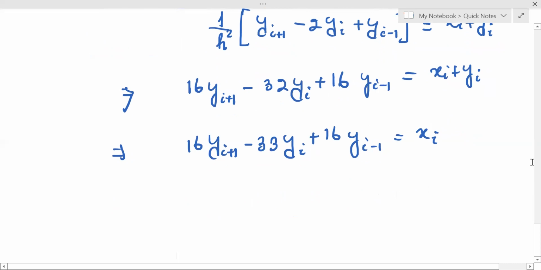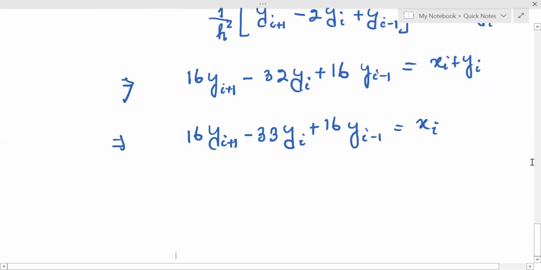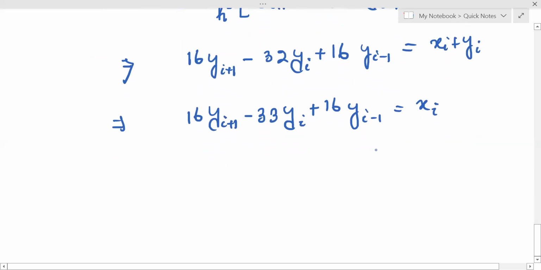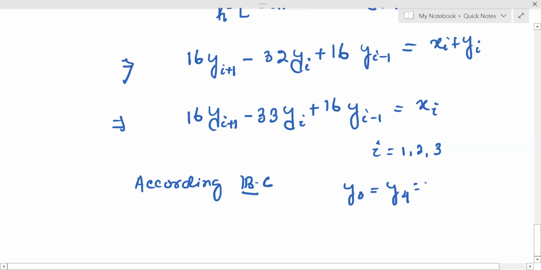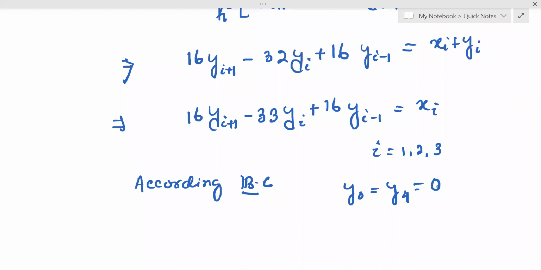See, i is running from 1, 2, 3 only. According to the boundary condition, y0 is equal to y4 is equal to 0.